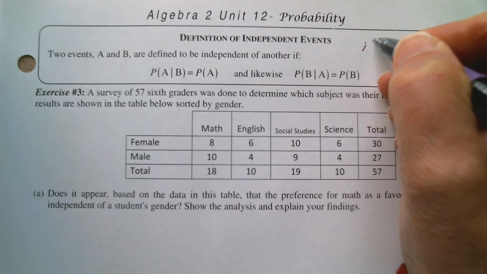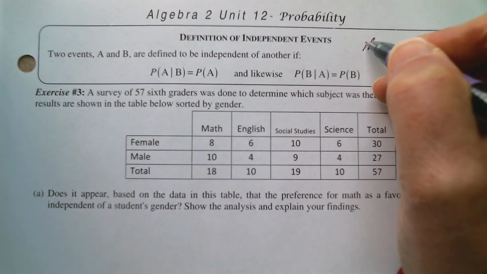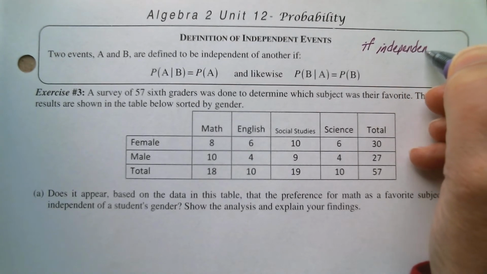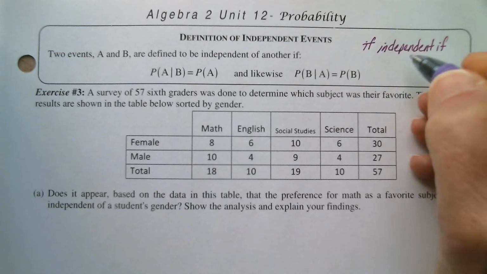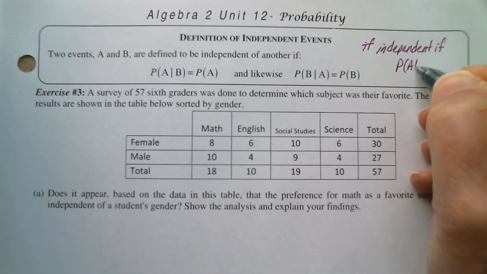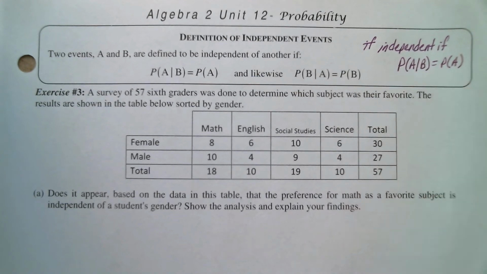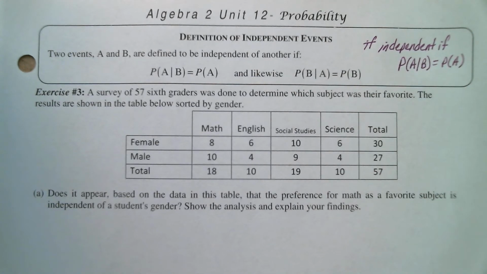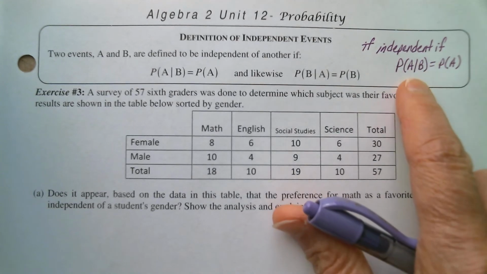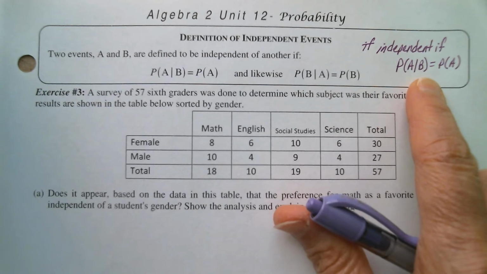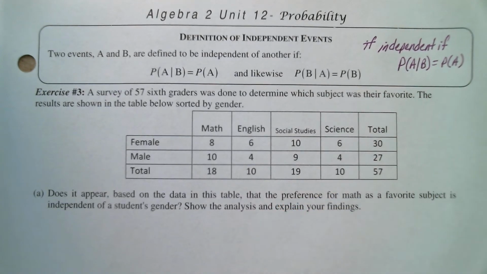So we want to say independent if the probability of A given B is equal to the probability of A. So the probability of A happening given that B has already happened really has no effect on the probability of A occurring.